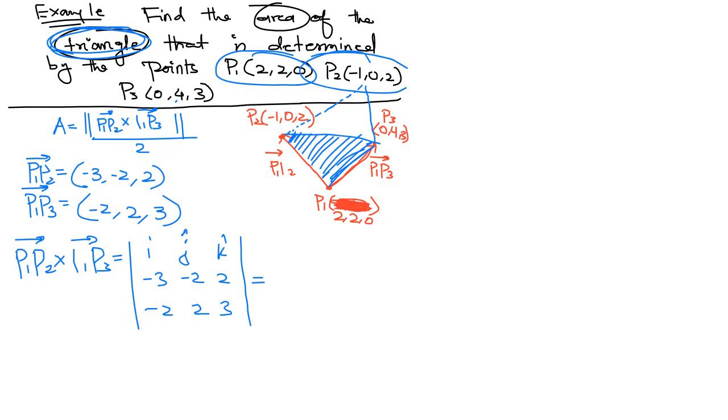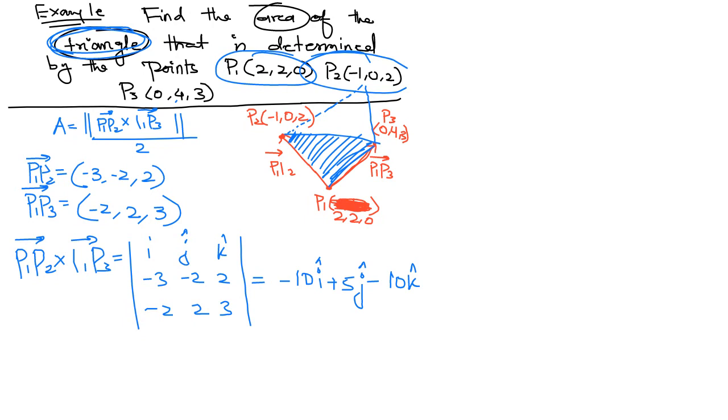So this cross product is equal to what? Can anybody calculate that? I think that is equal to -10i plus 5j minus 10k. Okay, this is the cross product.